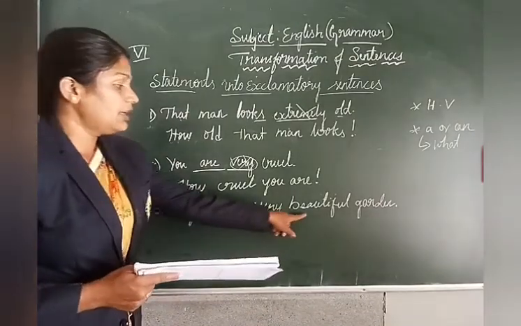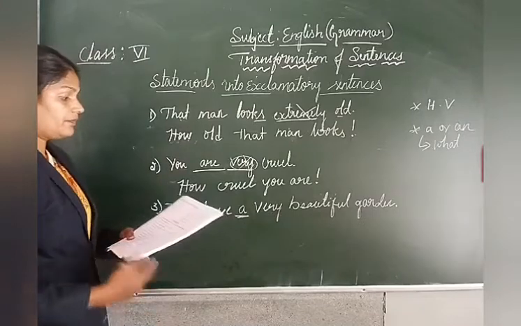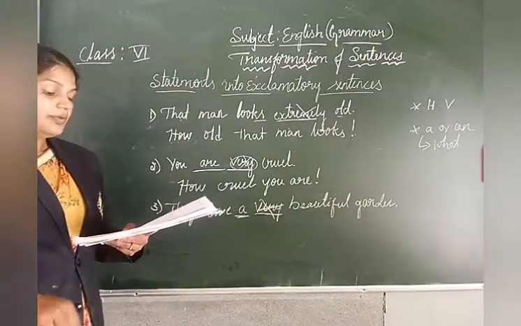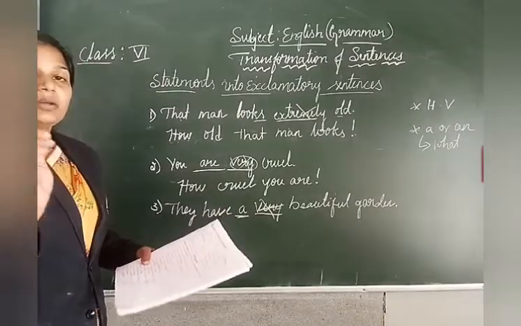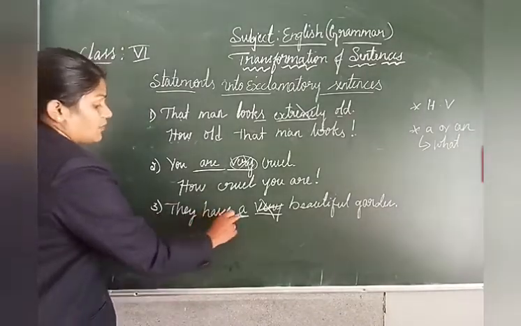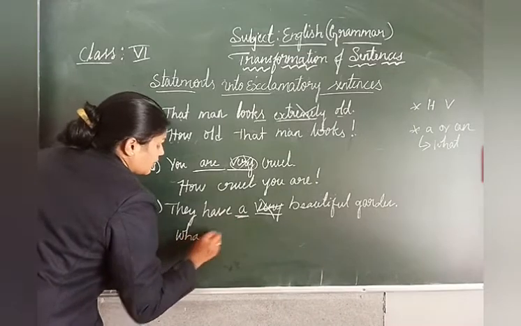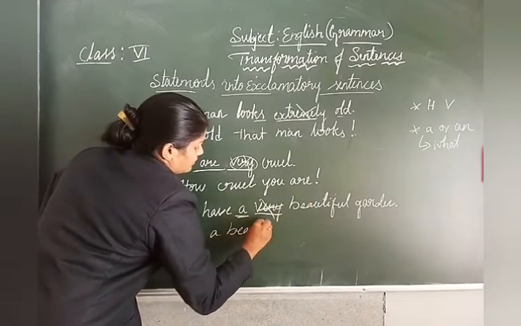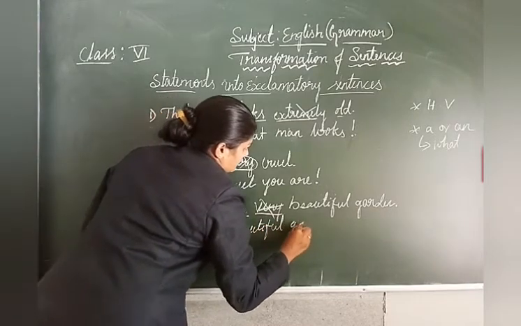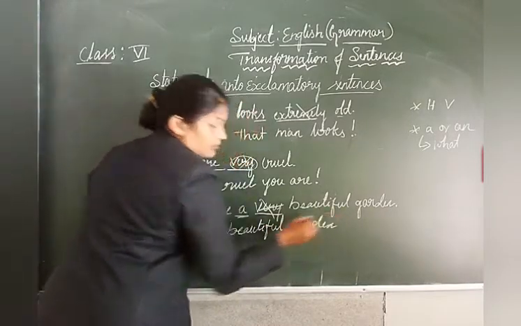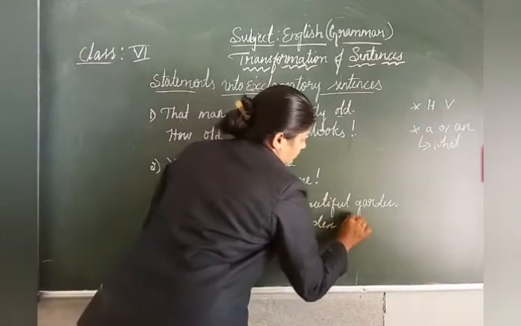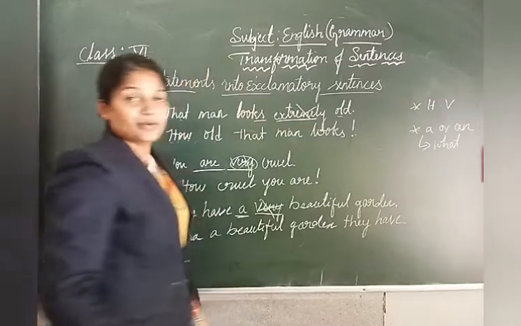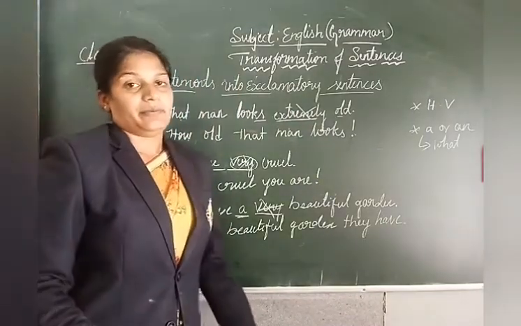They have a very beautiful garden. Very, we have to cross out. So then: what a beautiful garden. We have to start with what. What a beautiful garden. Who has it? They have. So: What a beautiful garden they have!